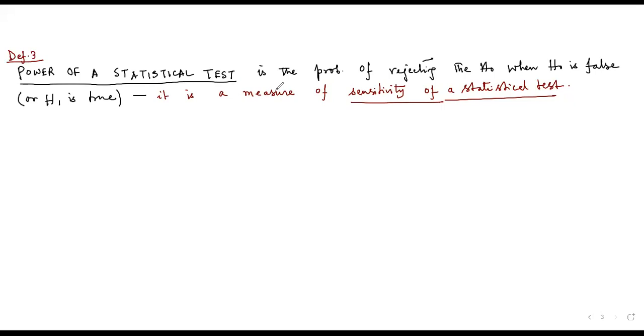Power of a statistical test is the probability of rejecting H naught when indeed H naught is false.